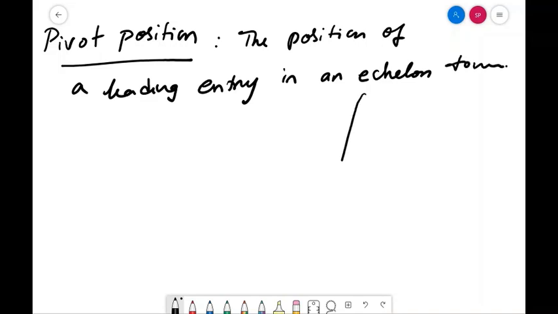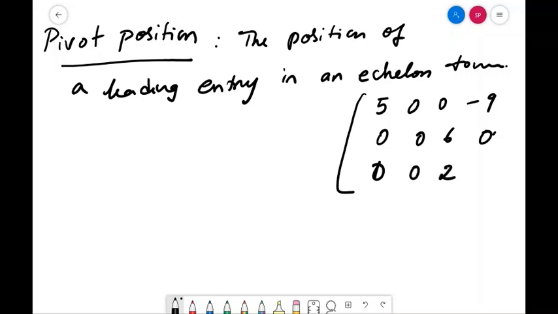So let us quickly take one example. Right. So this is an echelon form. I have a leading entry here, I have a leading entry here, I have a leading entry here.